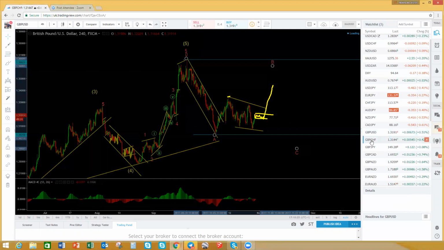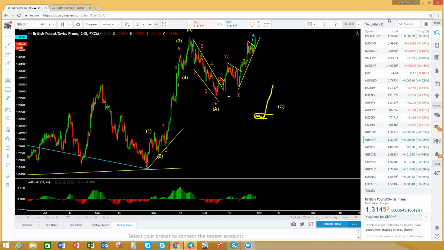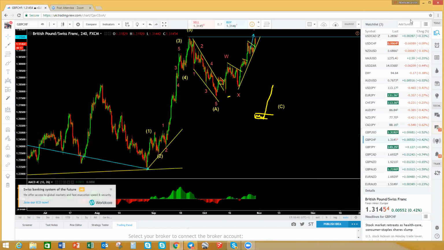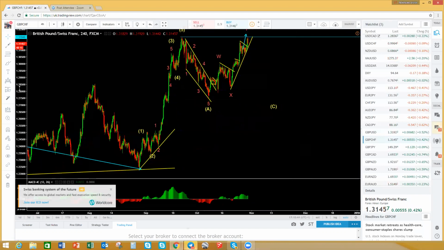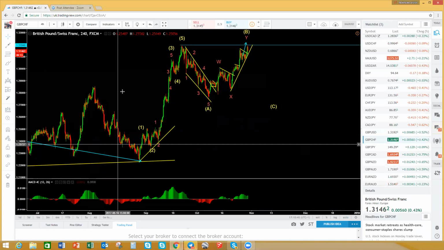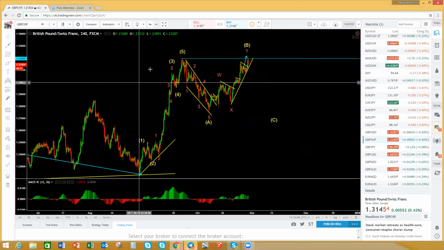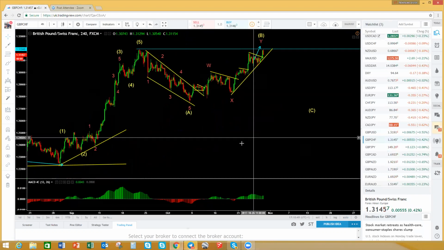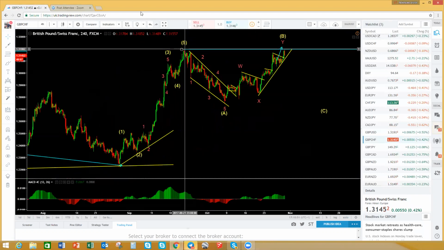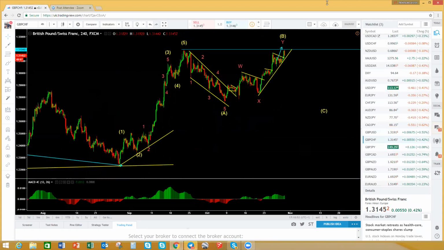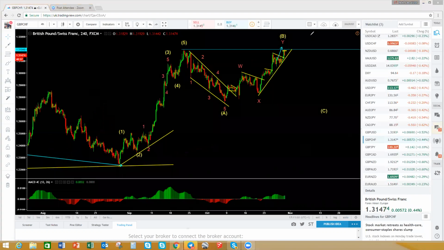Pound Swiss, you will see the similarities, but pound Swiss is a little bit ahead of pound US dollar, because remember the impulse that we had on pound USD. This is the impulse, but now the A on this one has already been completed, and this one is already tagging the top here.